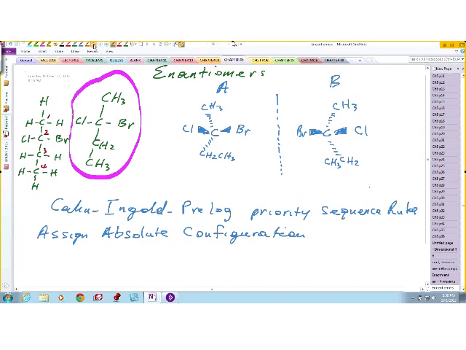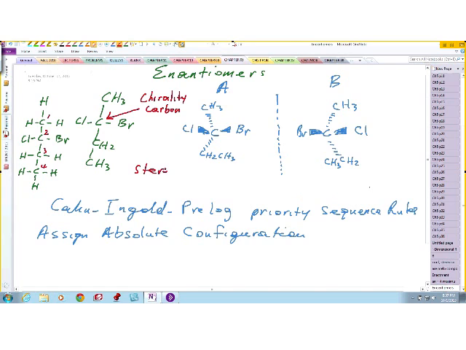By the way, let's tell you right away, this carbon here that is attached to 4 different groups or atoms, we refer to it as a chirality carbon. Sometimes we also call it a chiral carbon. Sometimes we call it a stereogenic center. In some books you might see stereogenic center.